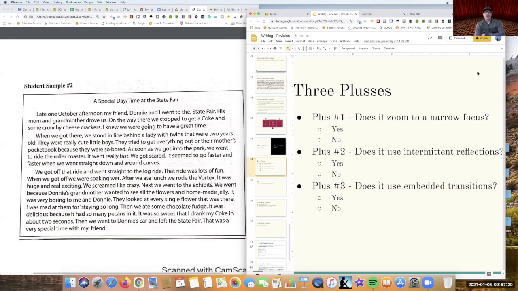You could argue that there are intermittent reflections, but it's weak. It is a very, very weak case. So I could go either way on +2, but I would lean more toward no. I think it's there a little bit.